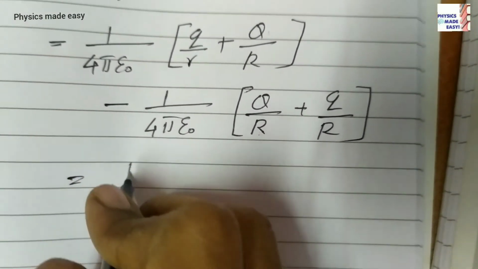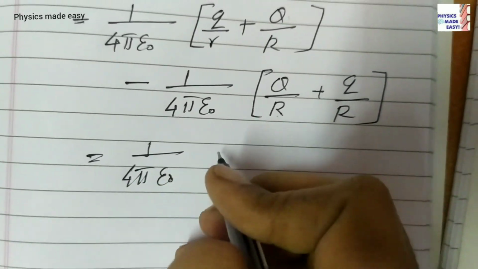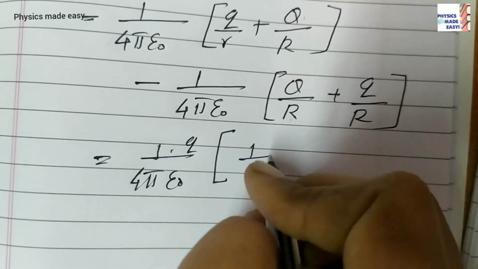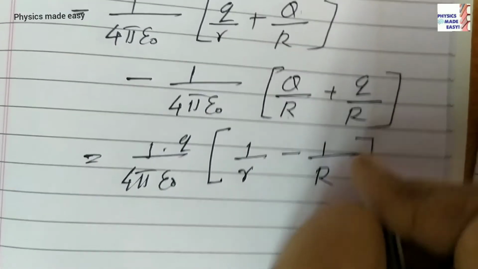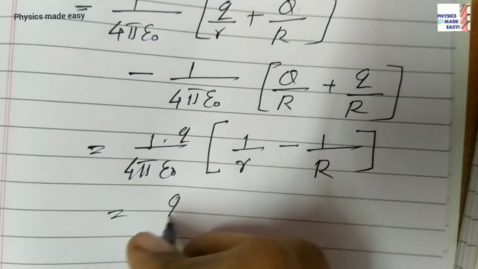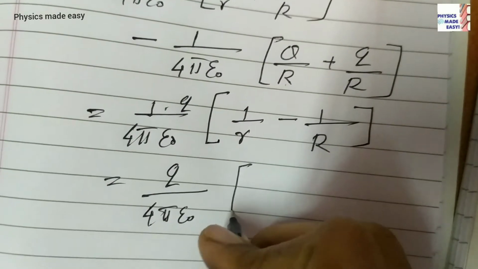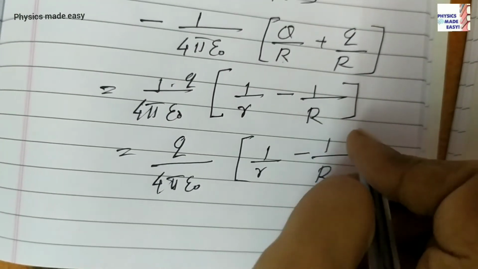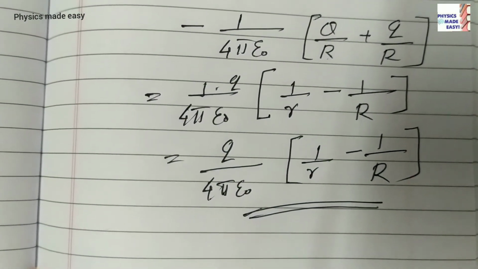So we get 1 by 4 pi epsilon 0, and q we can take outside, into 1 by small r minus 1 by capital R. So we can write the potential difference as q by 4 pi epsilon 0 into 1 by r minus 1 by capital R.